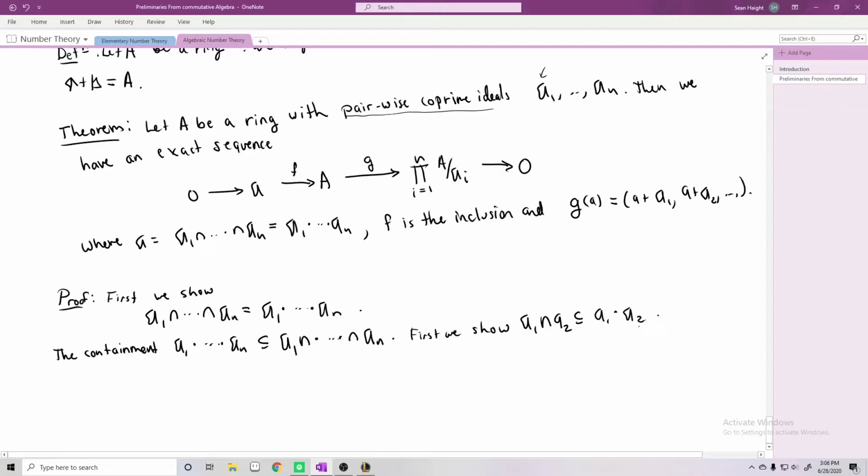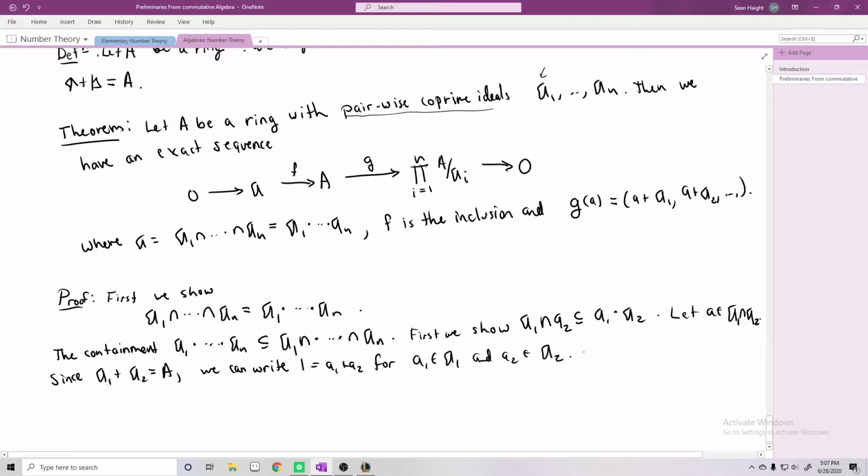So I'm going to start with a in the intersection. Since these two ideals are coprime, since A1 plus A2 equals the entire ring A, we can write 1 equals a1 plus a2, for little a1 in my ideal A1, and little a2 in my ideal A2.